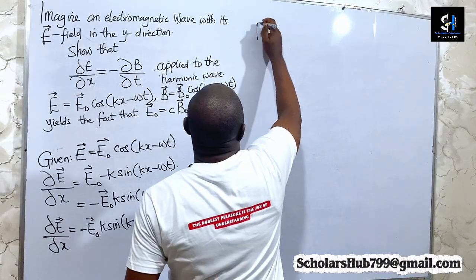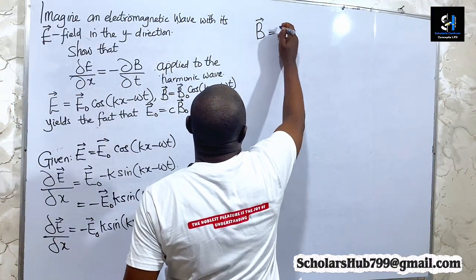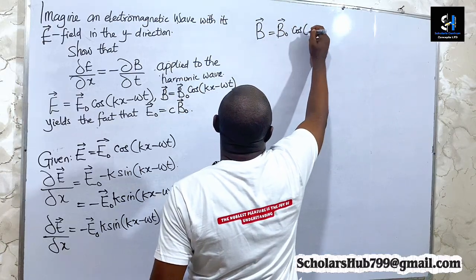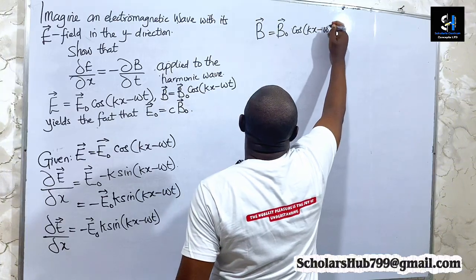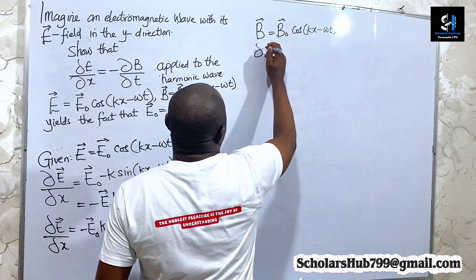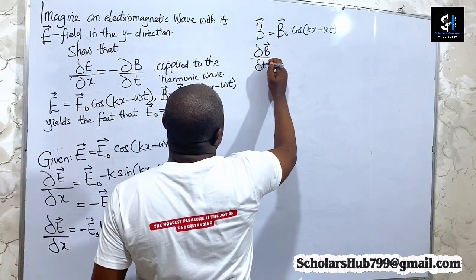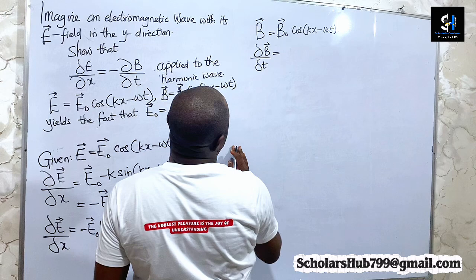Now we're also given the magnetic field function, which is B naught cos(kx - wt). Now, the first partial derivative of the magnetic field intensity with respect to time t.